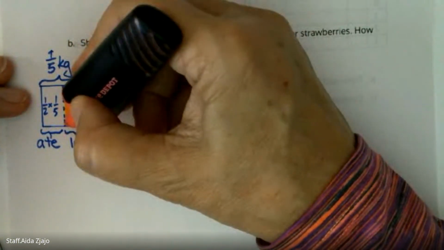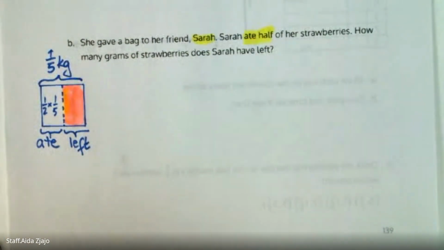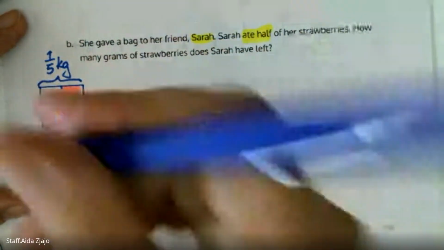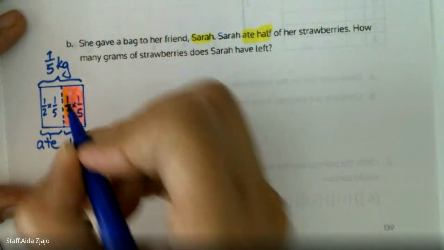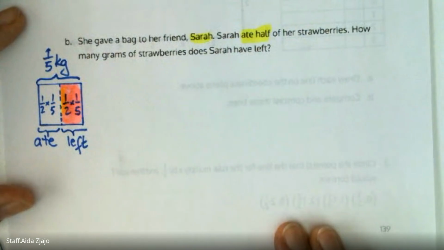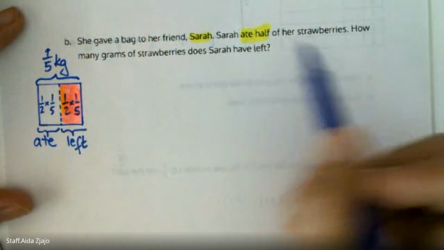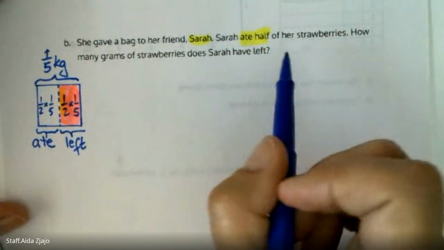So this is still there. She has 1/2 of 1/5 left. Okay. So what is 1/2 of 1/5? We can think about this. How many grams of strawberry does Sarah have left?